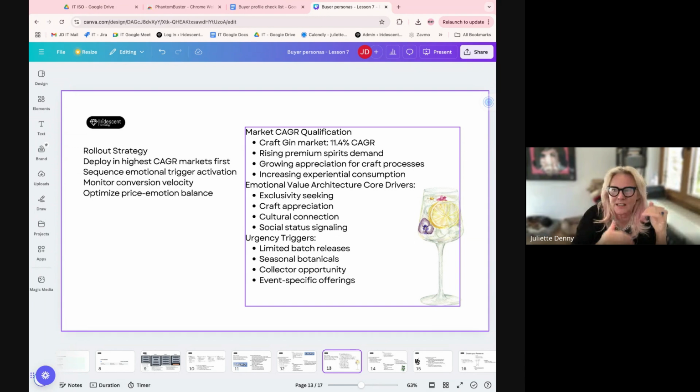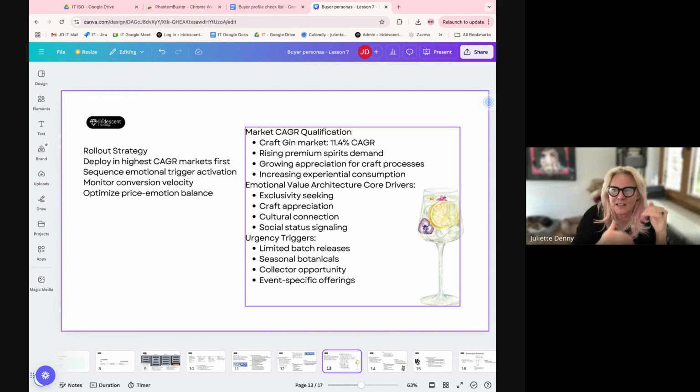We look at the product, price, place, promotion, and we do things like limited batch releases. We might do numbered releases. We might do seasonal botanicals. We might do collector opportunities with different branding. And we might do event specific offerings. So hopefully that case study might be easier to understand than the Zavmo one. I hope it has been.